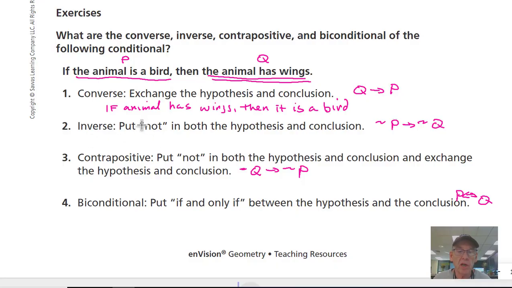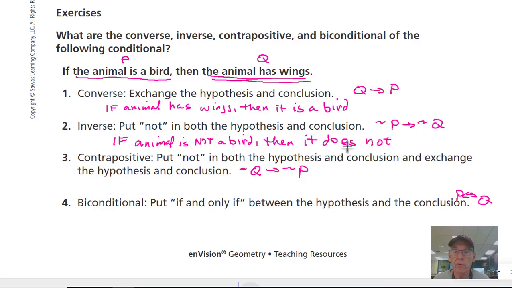To write the inverse of that statement, you add nots to the original order. So if the animal is not a bird, then the animal does not have wings. And this doesn't really have anything to do with whether they're true or not.